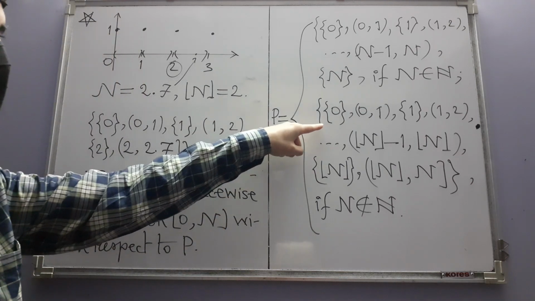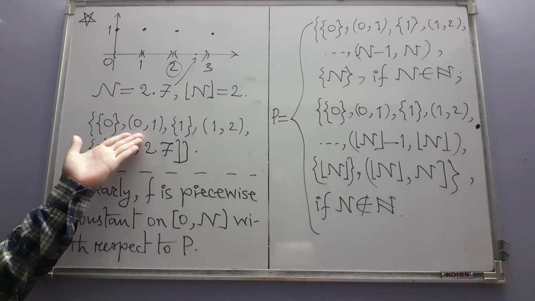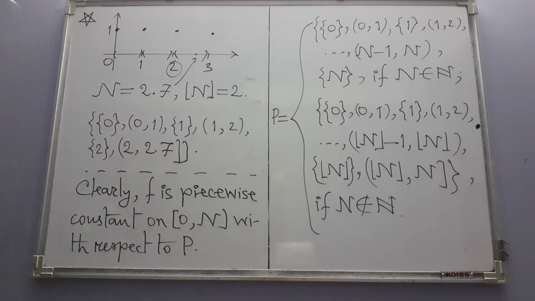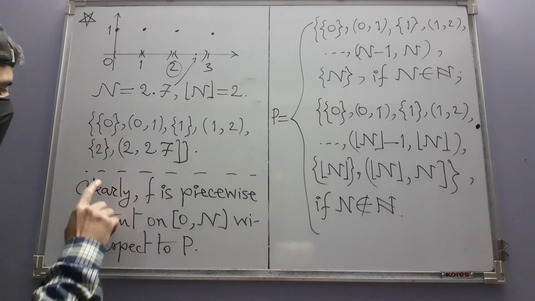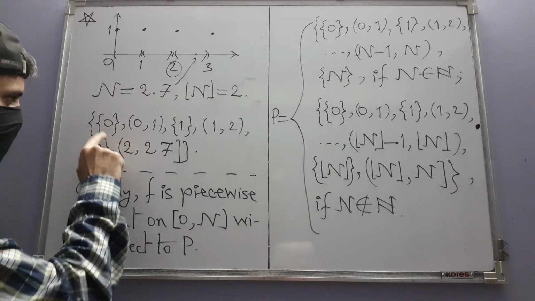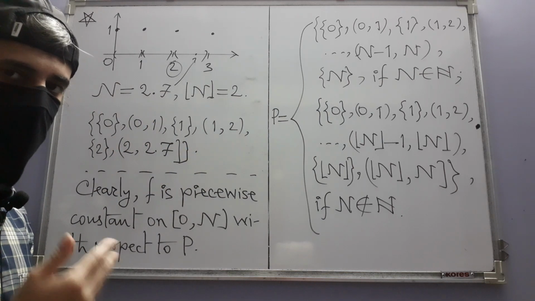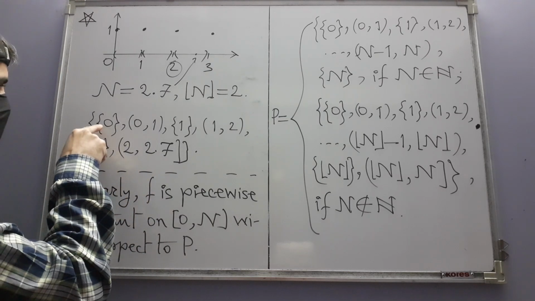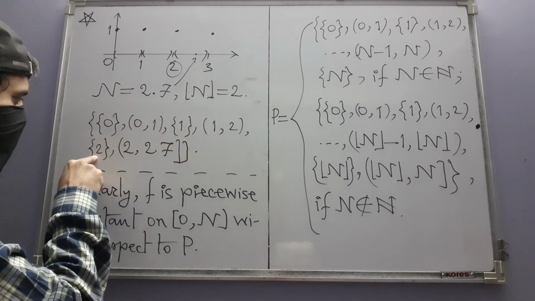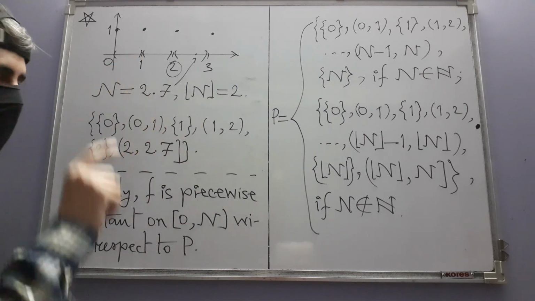But next, let's consider this second case. For simplicity, consider this specific example itself. Is our f piecewise constant on the closed interval [0, 2.7]? Here n is 2.7. Yes, again, on these single points, of course, f is constant, constantly 1.